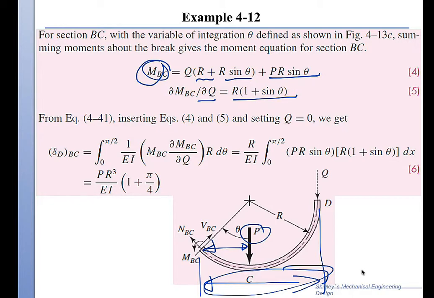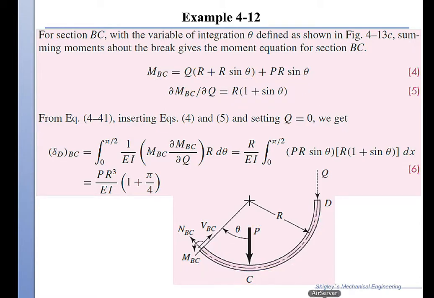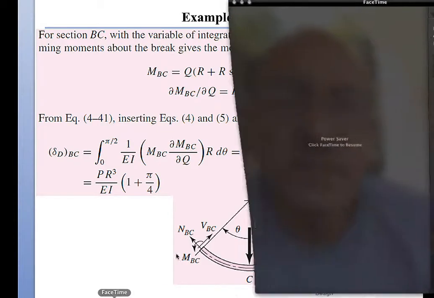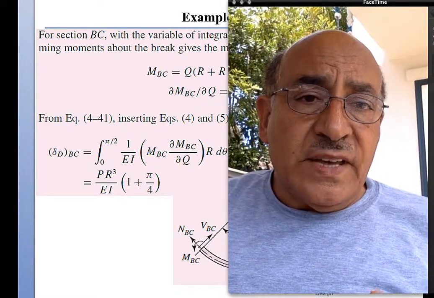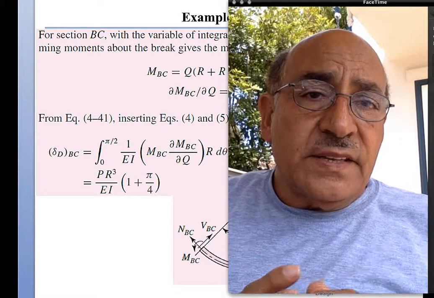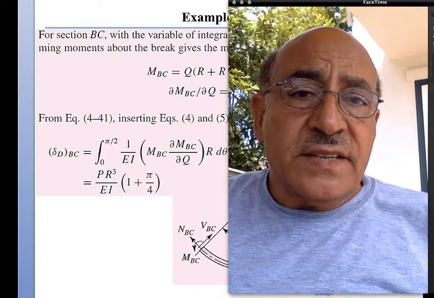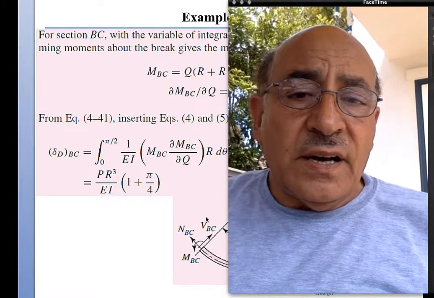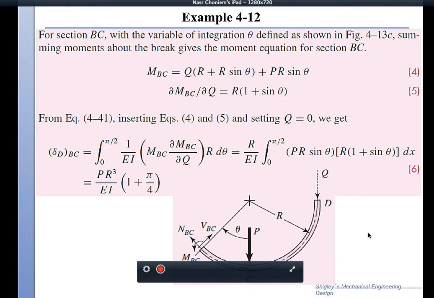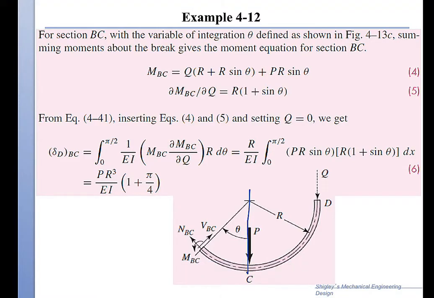And this section goes from theta, so note here that you can actually take the coordinate system. It's a little bit arbitrary where you start and where you end, as long as you can cover the entire section. So in this case, we're going to take theta to start from theta equal to 0 here, and then we increase theta as we go on all the way up to pi over 2.